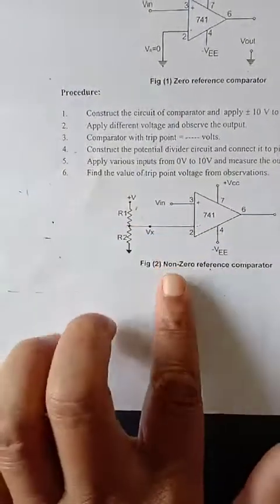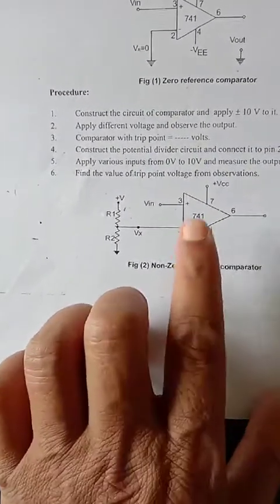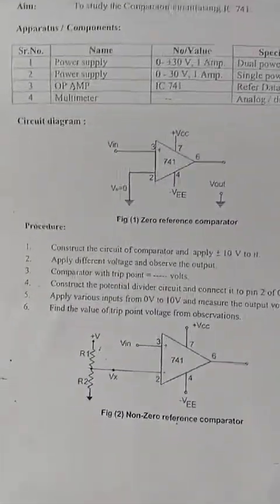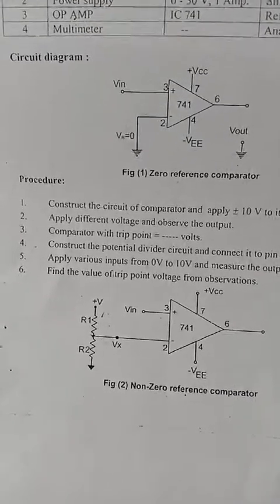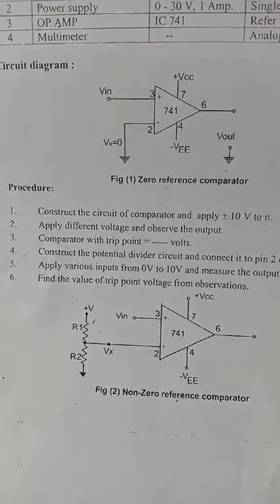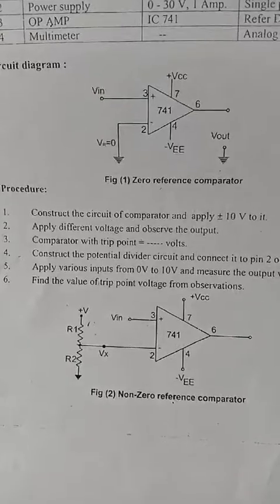See here, this is a non-zero reference comparator, and it is also called as a non-inverting type comparator because the input signal or input voltage which is to be compared, it is applied to non-inverting input. So this is called as non-inverting type comparator.